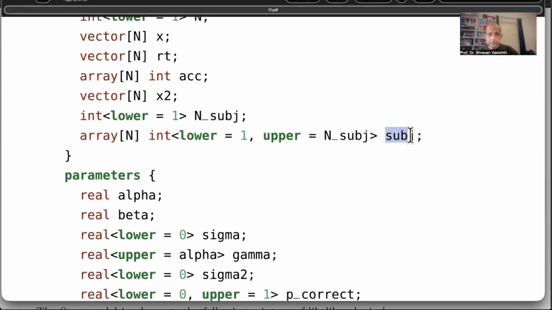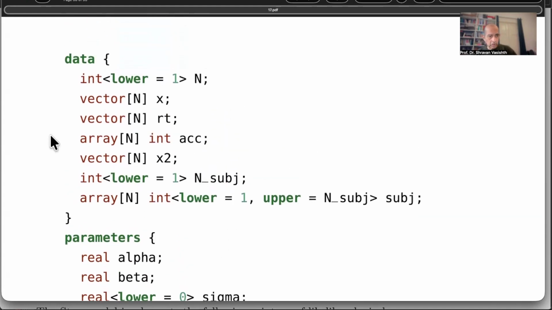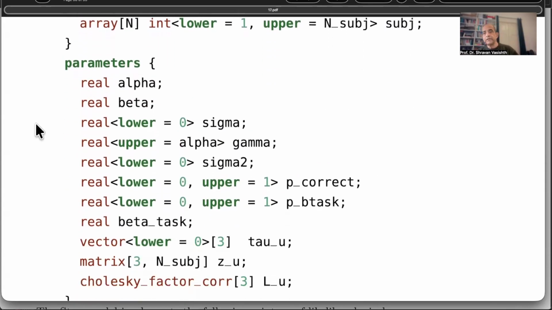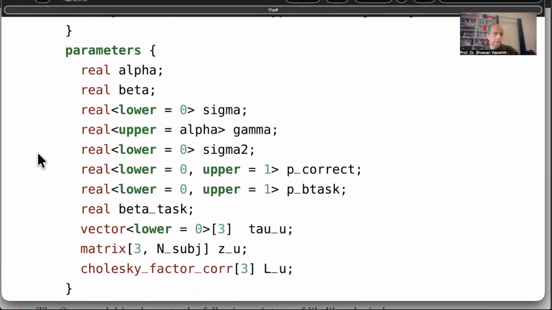And then the subject IDs go from 1 to the number of subjects, and it's also an array because these will be integers and not real numbers. We are not doing any algebraic operations on these, any matrix algebra on them, even if you implement it as a matrix setup.